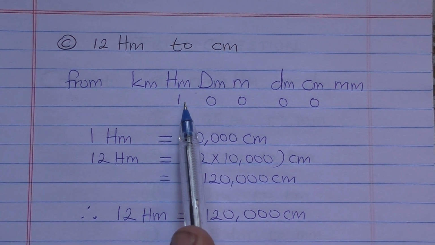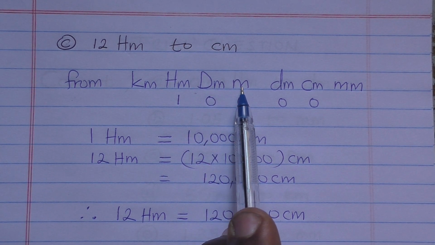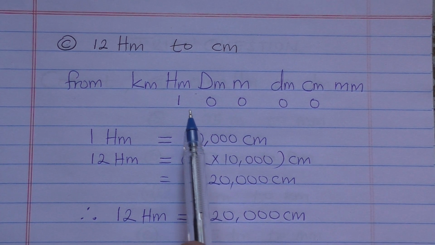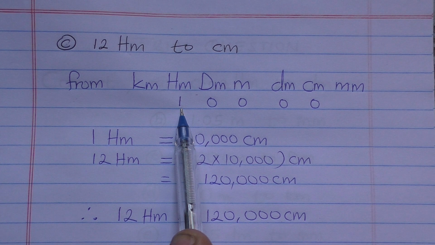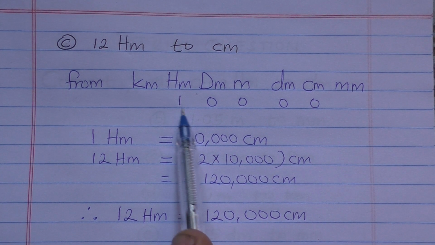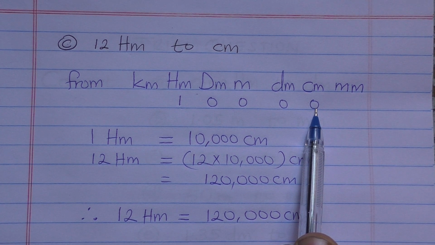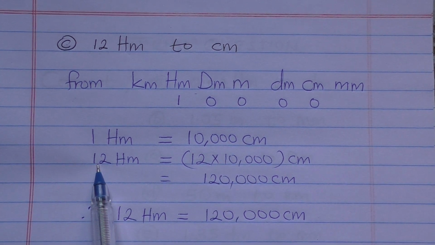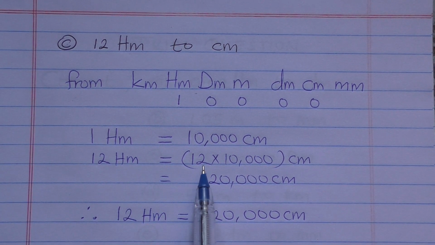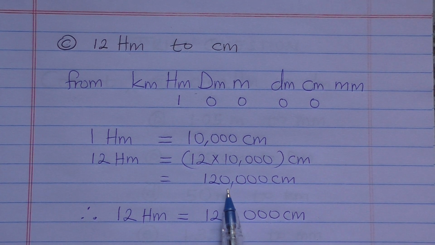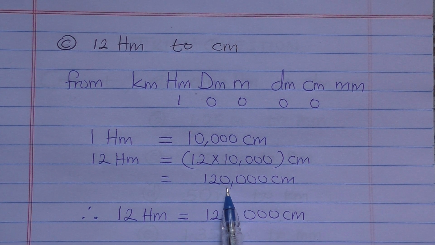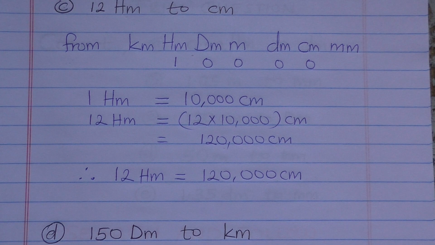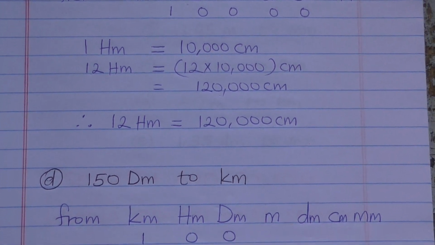From my formula of King Hold your daughter Mary drank cold milk, I note that 1 hectometer is equivalent to 10,000 centimeters. Therefore, if 1 is equivalent to 10,000, what about 12? We shall multiply 12 by 10,000 to give us 120,000 centimeters.